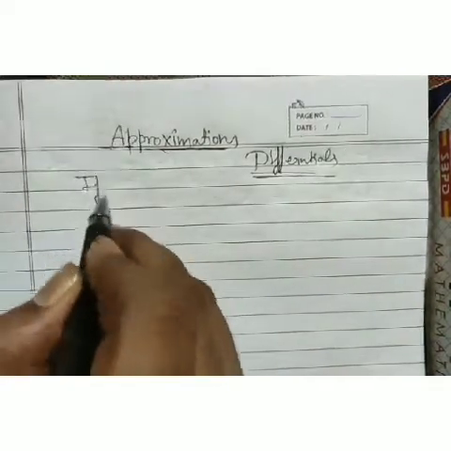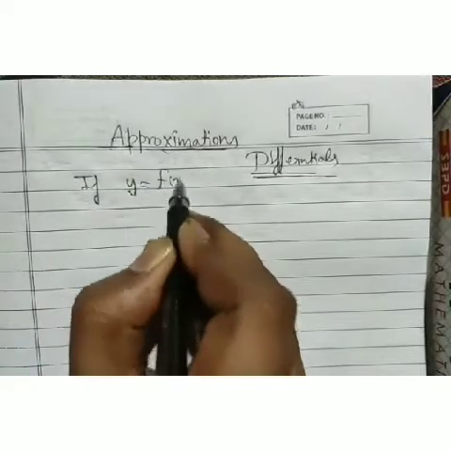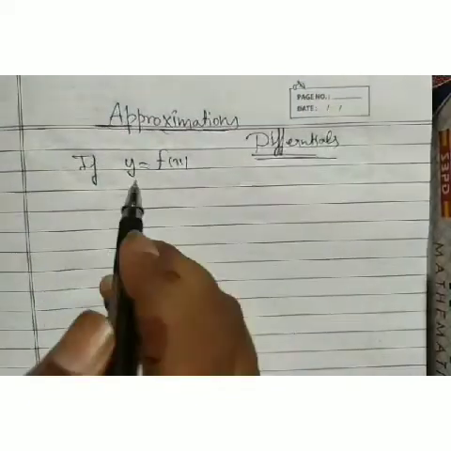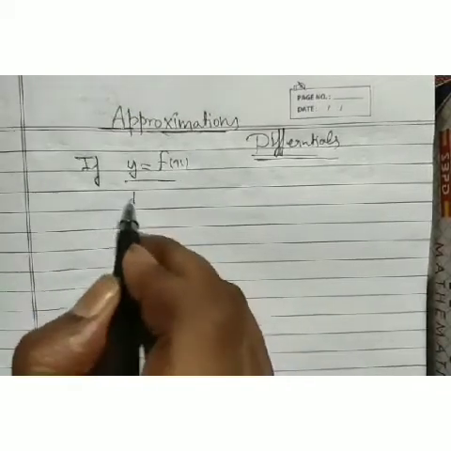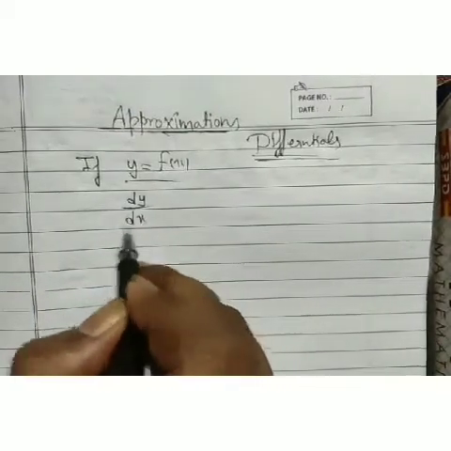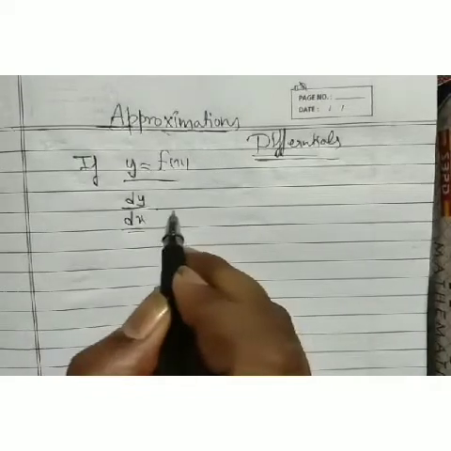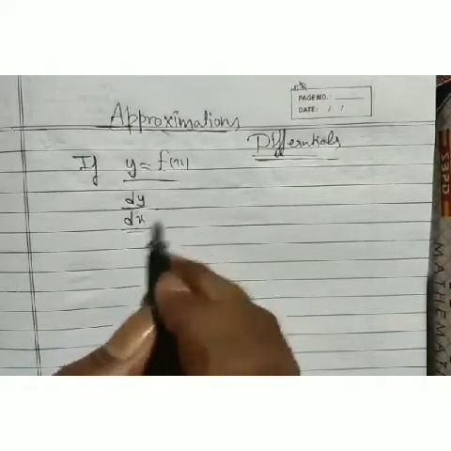Actually, if we have any curve y equal to f(x), then the derivative of y with respect to x is denoted by dy/dx. Here we give a meaning to the symbols dx and dy.